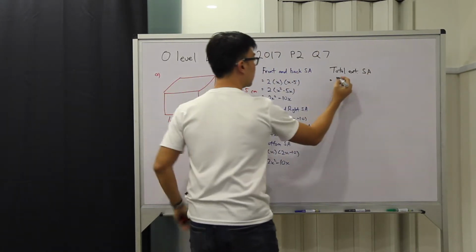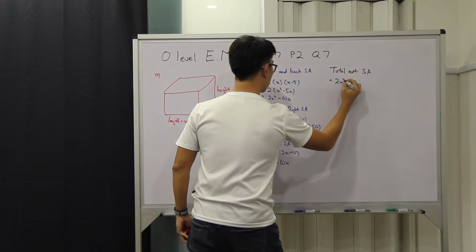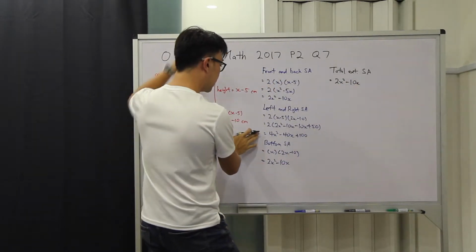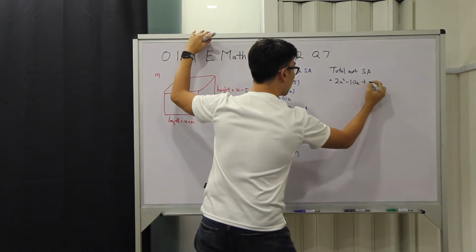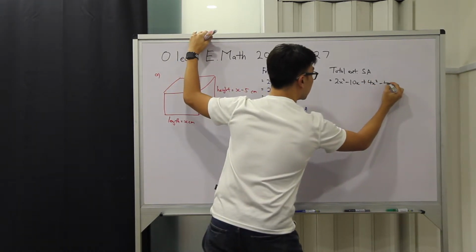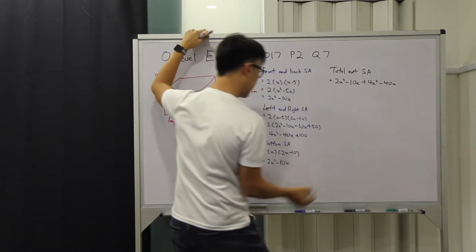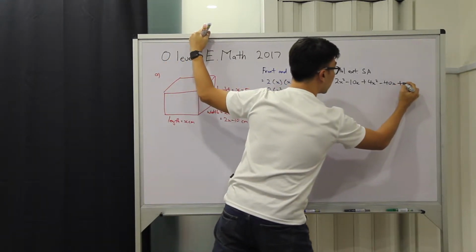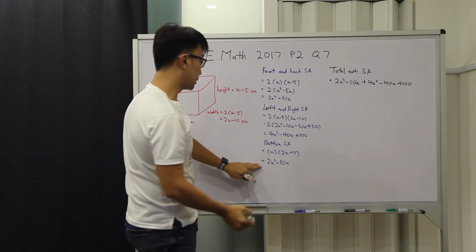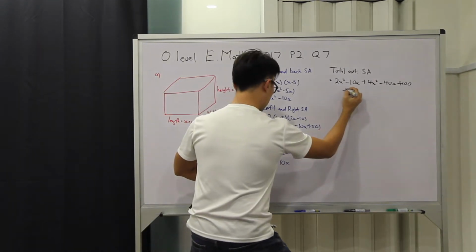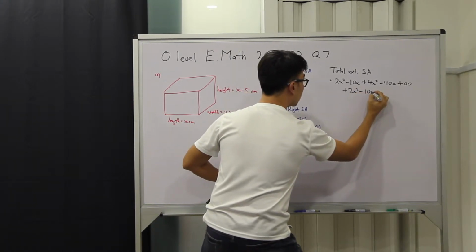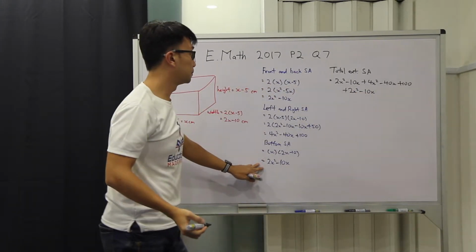That will be 2x squared minus 10x, plus 4x squared minus 40x plus 100. Last but not least, the bottom surface area, 2x squared minus 10x.